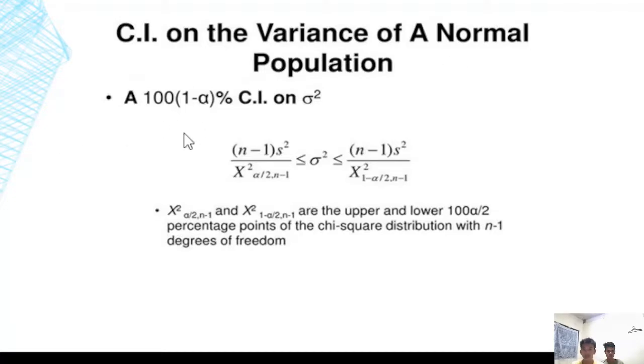A 100 times 1 minus alpha percent confidence interval on sigma square.